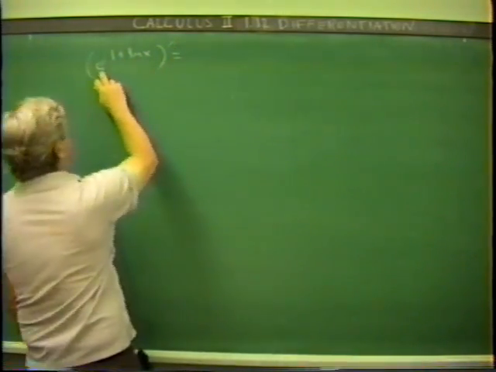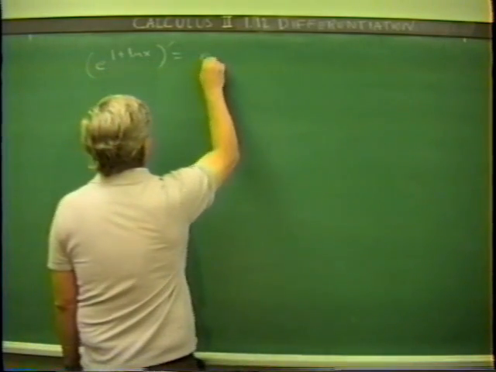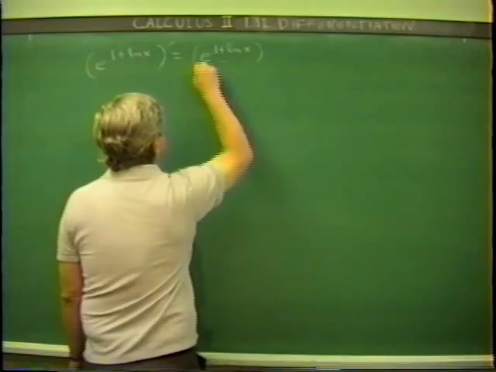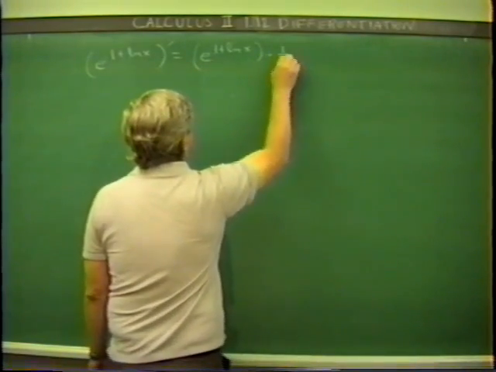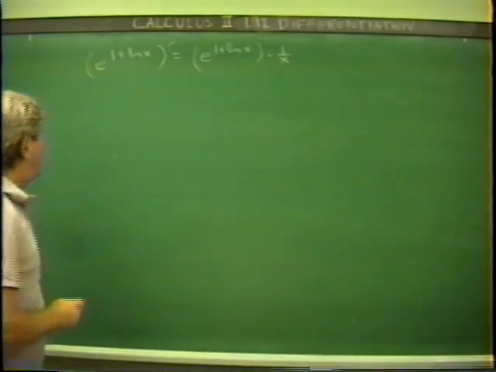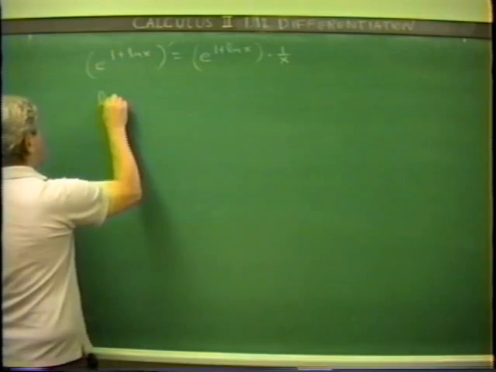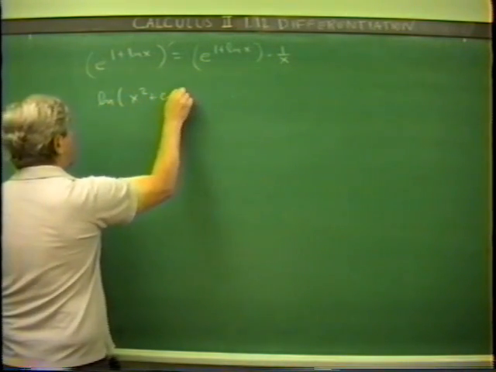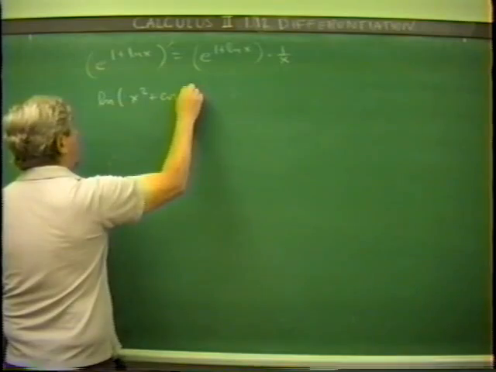For example, if you have something like e to the 1 plus log x, and you want the derivative, this is the exponent of 1 plus log x, so it's going to be e to the 1 plus log x times the derivative of 1 plus log x, which is 1 over x.